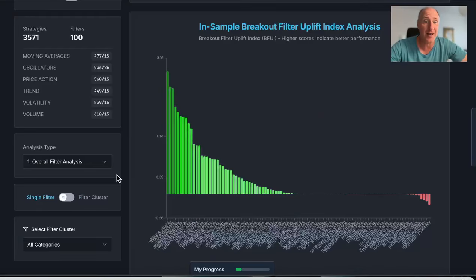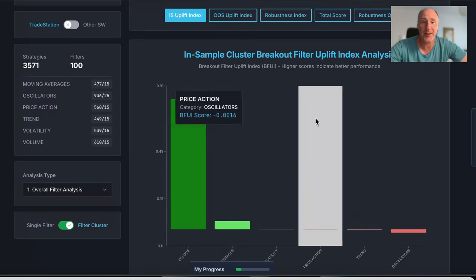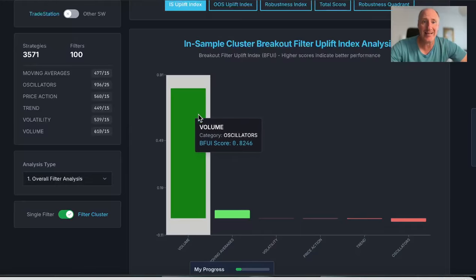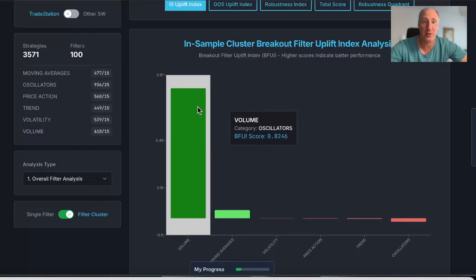What is the best cluster? And if we do the cluster analysis, we get pretty interesting results. We see that in sample, the best overall improvements are given by volume filters and moving averages. Okay, so volume filters and moving averages.